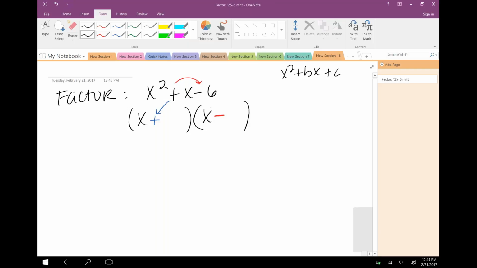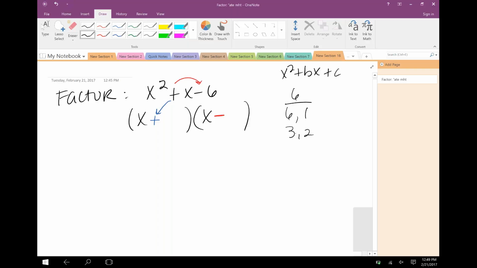So we need two numbers that will multiply to give me 6 and subtract to give me 1, this coefficient here. Why subtract? Because my 6 is negative. So what are two numbers? Let me list out my factors. 6 times 1 is 6, 3 times 2 is 6, and that's it. I need a combo that's going to help me get to 1. So 3 and 2 is going to be my combo.